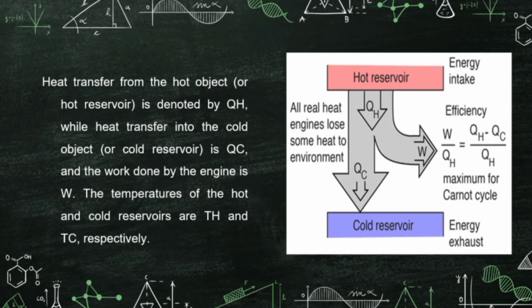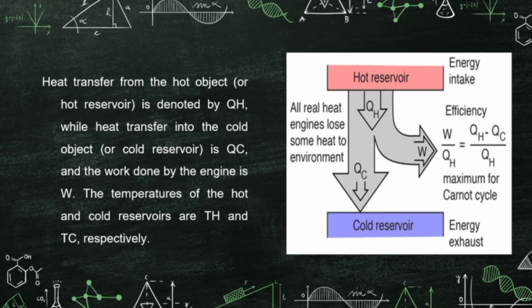The next slide, heat transfer from the hot object or hot reservoir. So this diagram explains the energy flow inside a heat engine. The engine receives heat called QH from the hot reservoir, which is in the upper part.